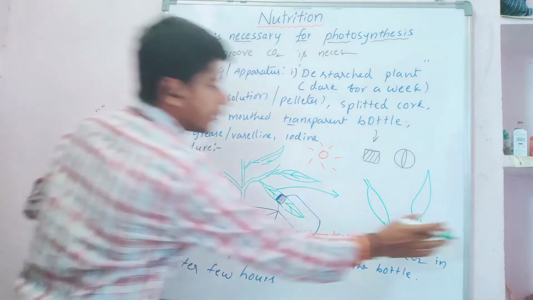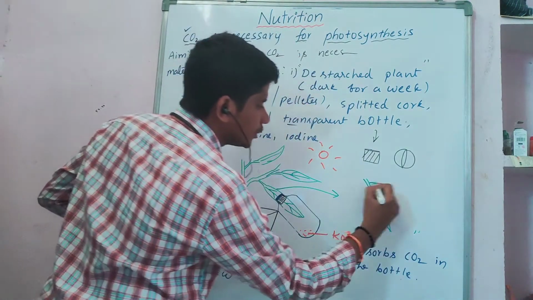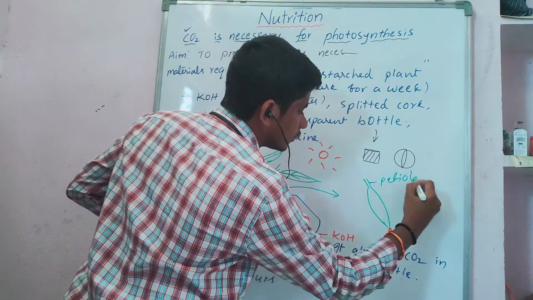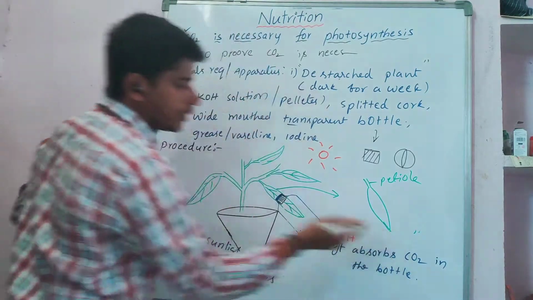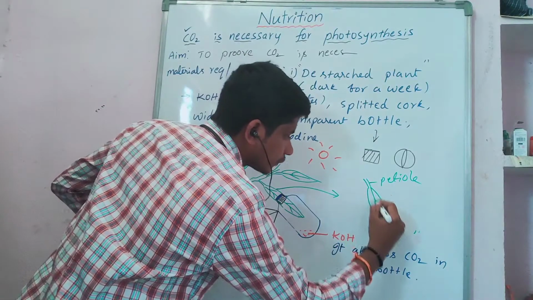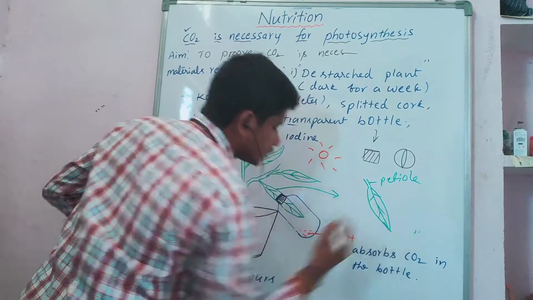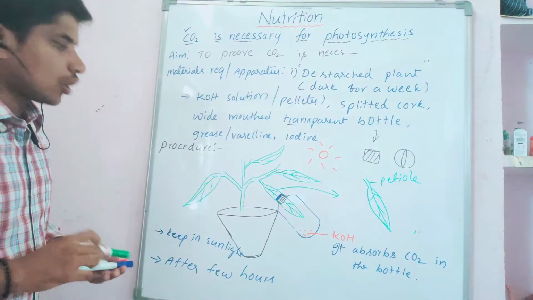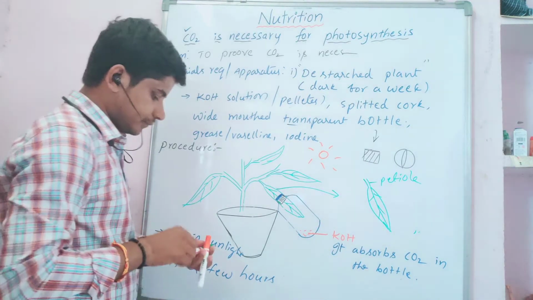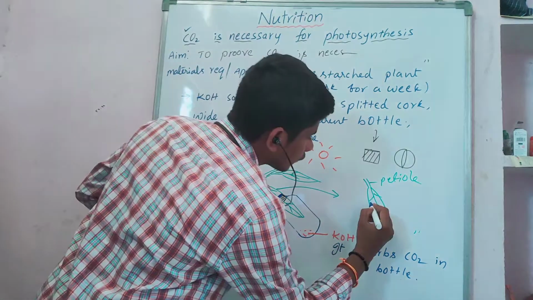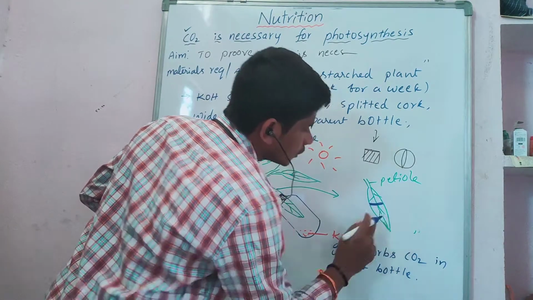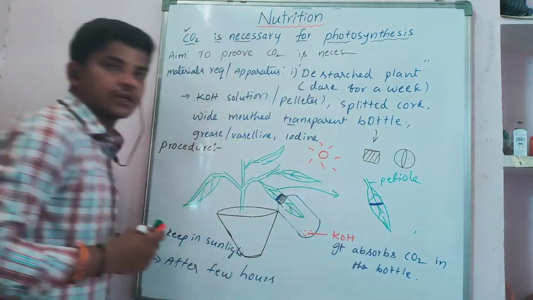This is not the right way. You have to draw like this only. This is the petiole of the leaf and this is the leaf apex, the edge of the leaf, and draw the veins. How much of the leaf have we inserted into that bottle? Half of the leaf. This is inside the bottle and that is the outside of the bottle.